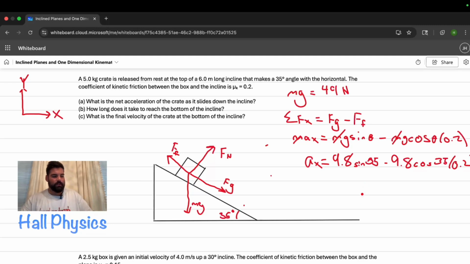So when we multiply those two values out, we should get 5.6 minus 1.6, which will give us an acceleration value of 4 meters per second squared. That's in the positive direction, so our box is accelerating in this direction right here. So that is the answer to A.